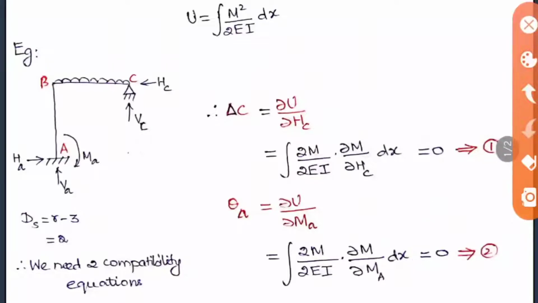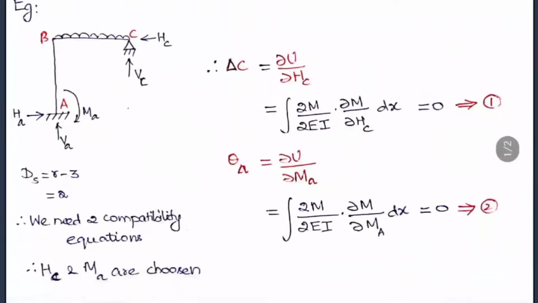Okay, we have already seen compatibility equations, no? When there are not enough equilibrium equations to solve the unknowns, we will need some extra compatibility equations to solve the unknowns. Okay, so out of these 5, any 3 can be solved by using the equilibrium equations, that is sigma H equal to 0, sigma V equal to 0, and sigma M at any point equal to 0.